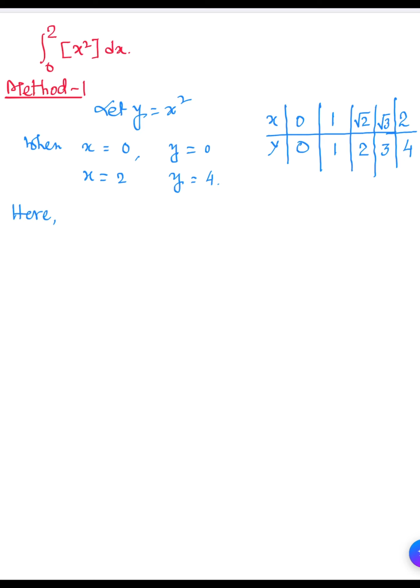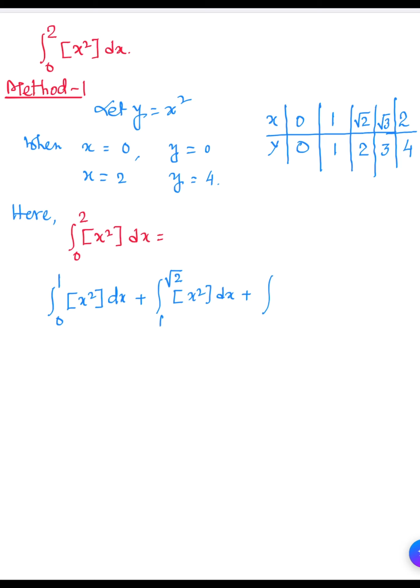Here, integral 0 to 2 of greatest integer of x squared dx equals integral 0 to 1 of greatest integer of x squared dx plus 1 to root 2 of greatest integer of x squared dx plus root 2 to root 3 of greatest integer of x squared dx plus root 3 to 2 of greatest integer of x squared dx.